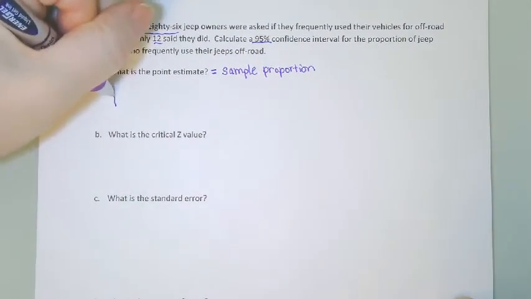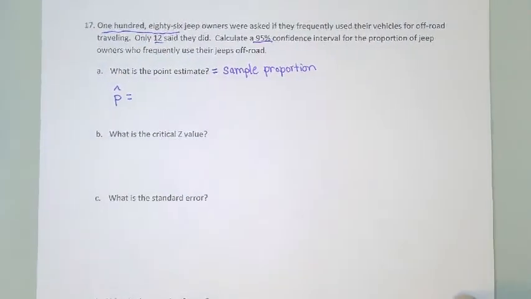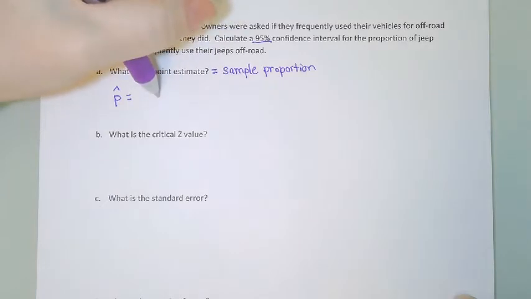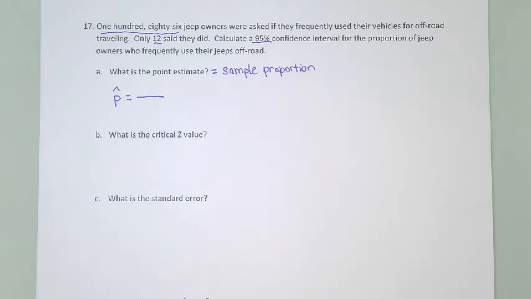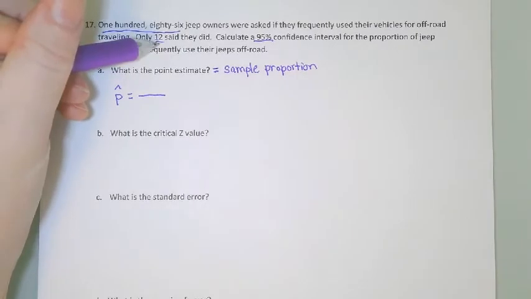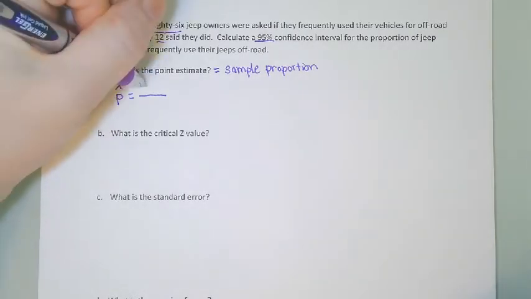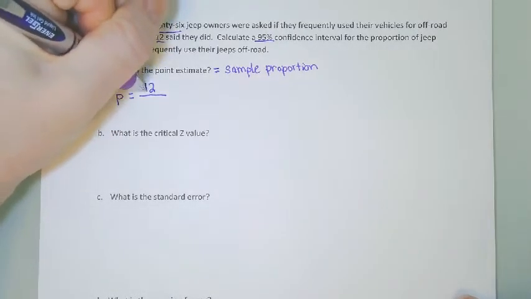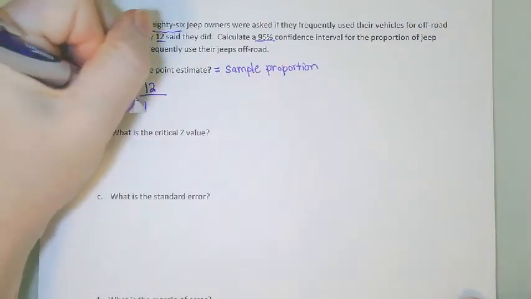So if we calculate the sample proportion, we know it's going to be equal to the number of successes over the total sample size n. In this case, we're interested in the proportion of people who frequently use their Jeeps off-road, and 12 of those surveyed said they did. So there would be 12 successes out of a total sample size of 186.